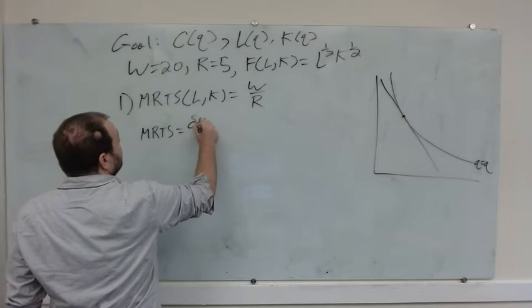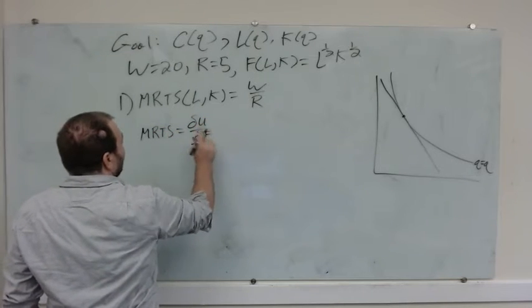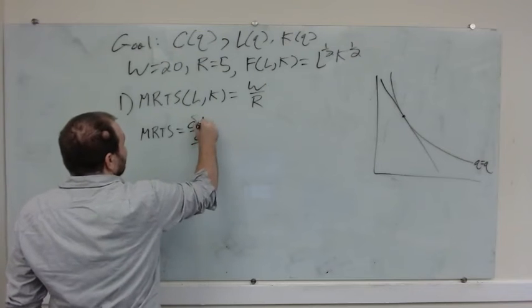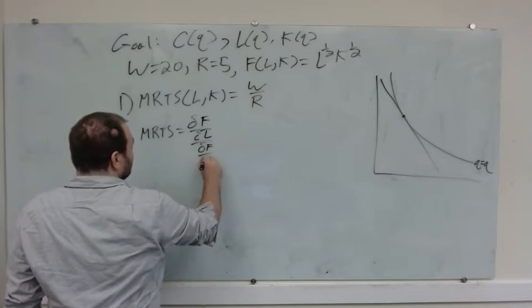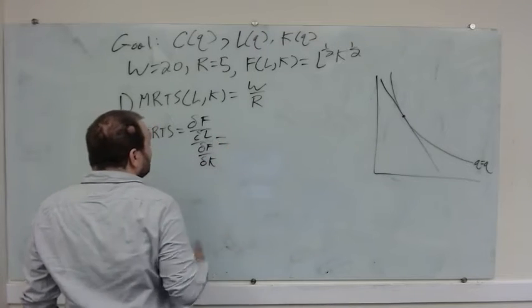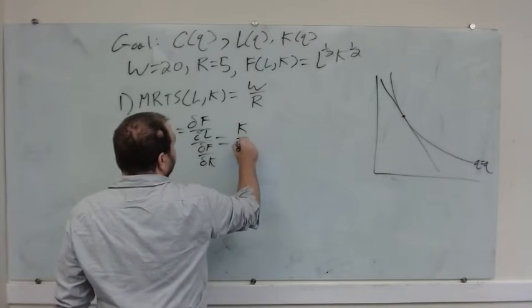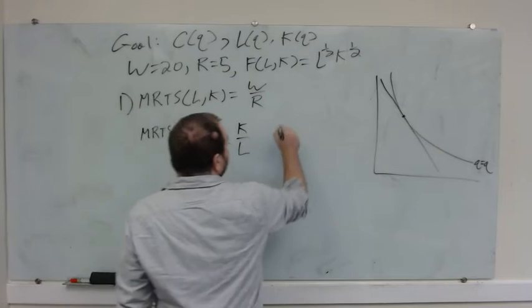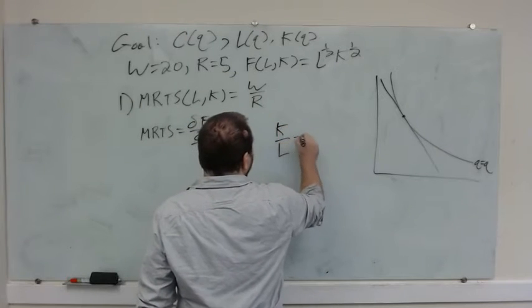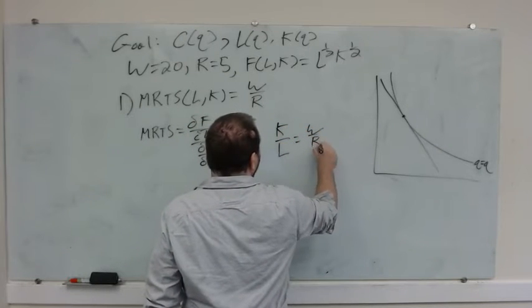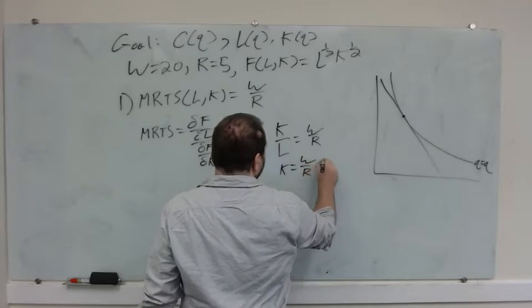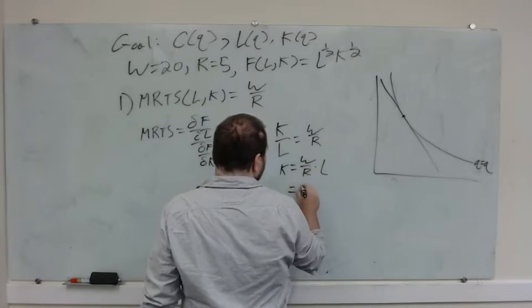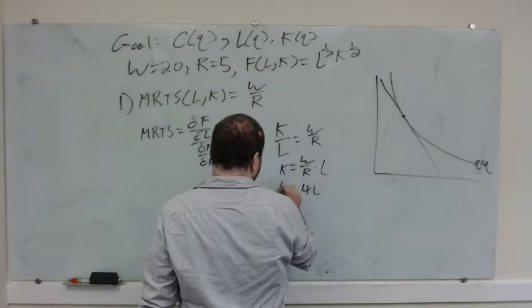equals df/dL over df/dK. And we already solved it to be K over L. So we say K over L equals W over R, so K is going to equal W over R times L, which in this case is going to be 4L.